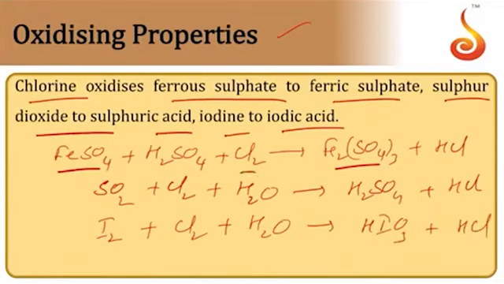So in all the cases, Cl2 becomes HCl, meaning it goes to the -1 state, and the others get oxidized. These are the oxidizing properties of the chlorine molecule. With this we have come to the end of the 17th group elements.